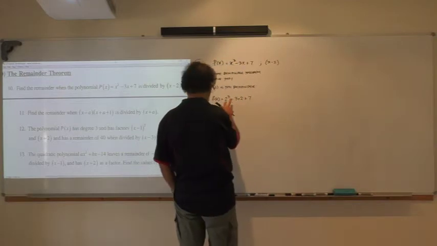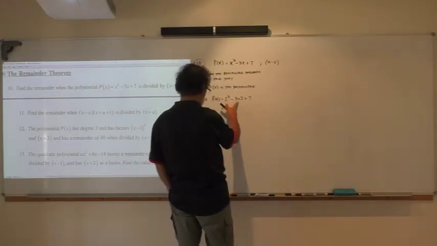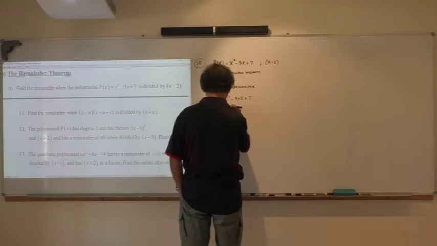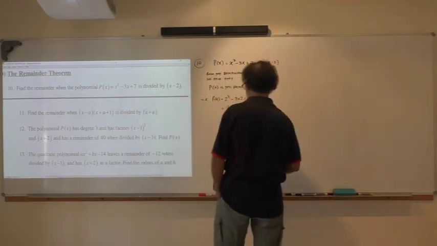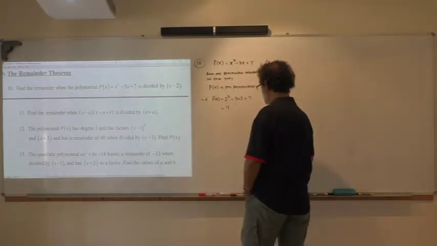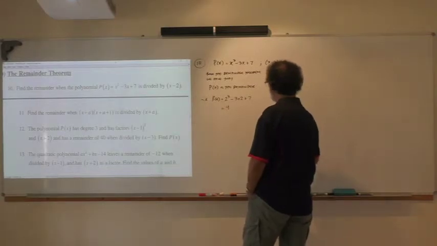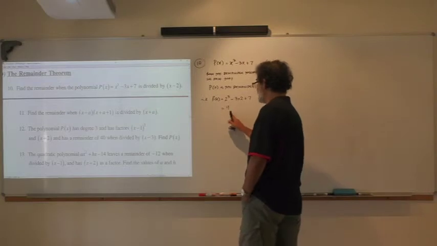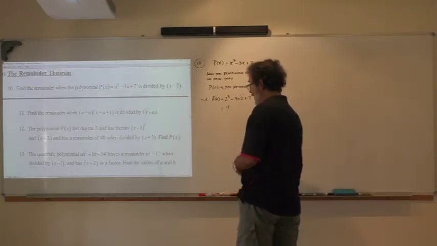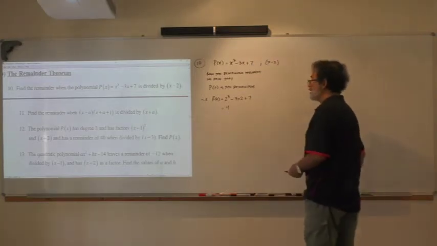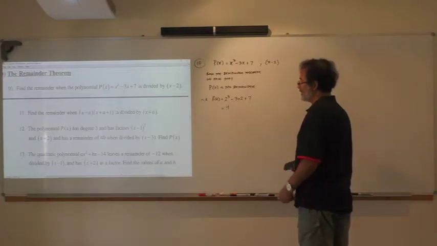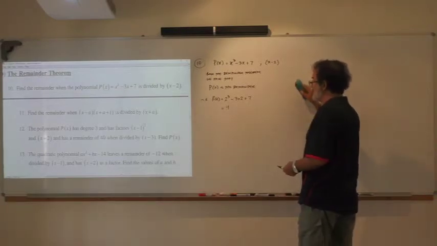So that will give you 8 minus 6, which is 2, plus 7 equals 9. That's all you have to do for this question. Nothing else. So the remainder when that polynomial is divided by x minus 2 is equal to 9. That was a very easy question.